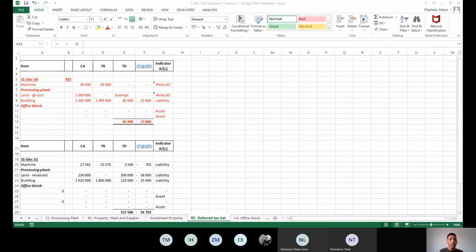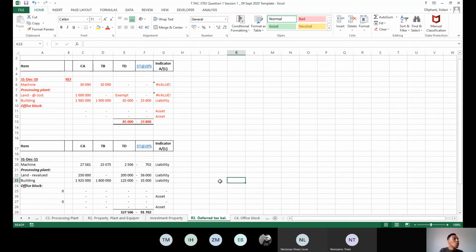Because remember, it's an accounting policy. So in order for you to know what you need to do, whether in terms of your disclosure note or the deferred tax purposes, they will need to tell you the method they've actually used. Like currently in the question, they give us an extract from our accounting policy to say how land and buildings are accounted for, in terms of which model.